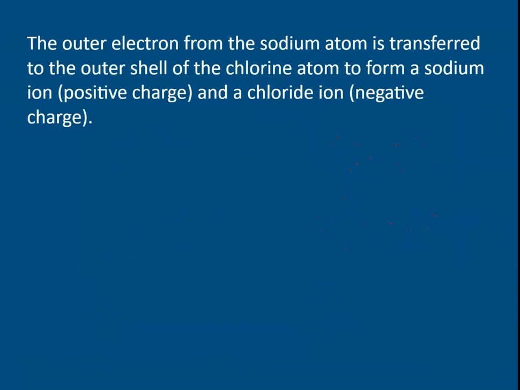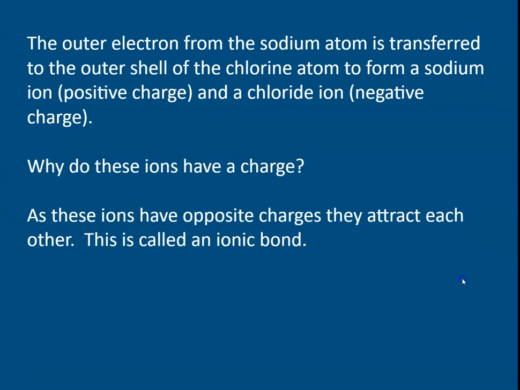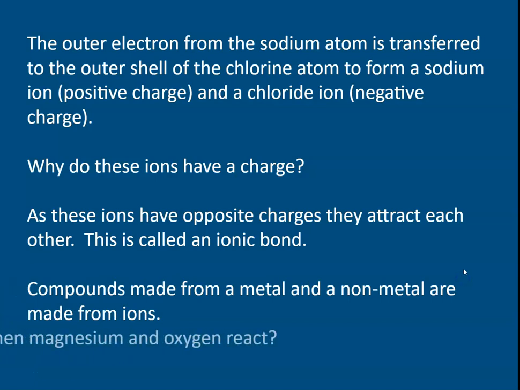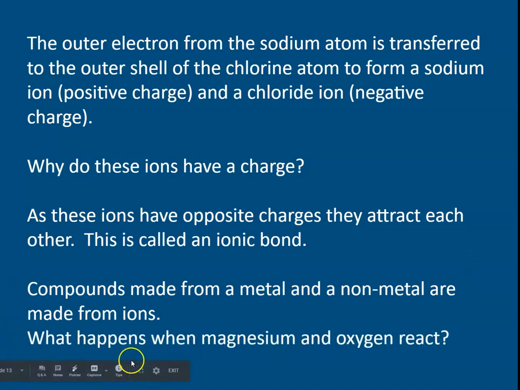Now it looked to me like some of you got a bit bored when we had to come on to this bit, and we ignored these fairly important questions. What happens when magnesium and oxygen react?